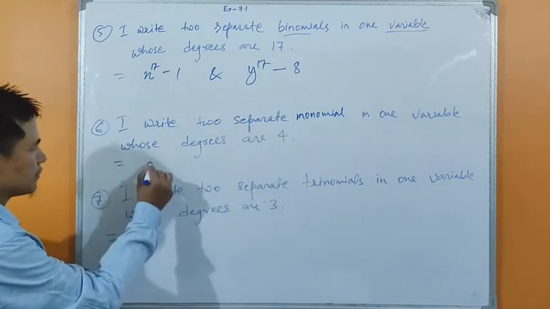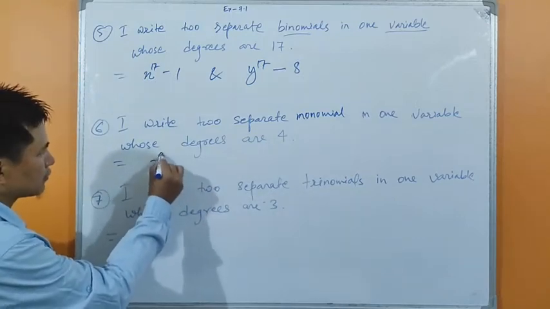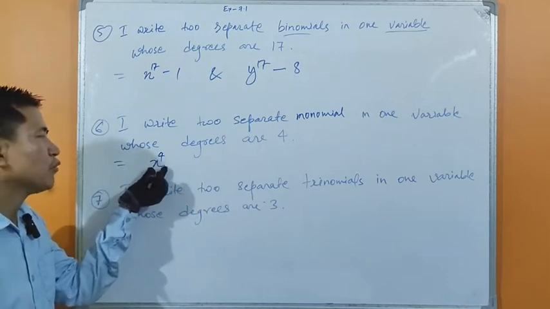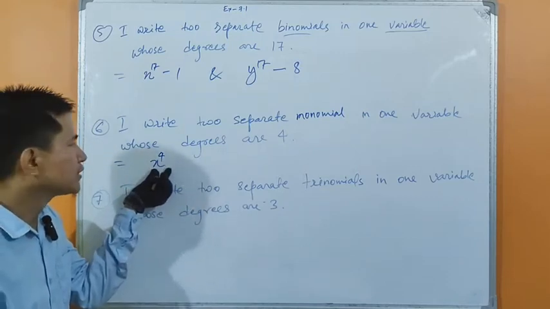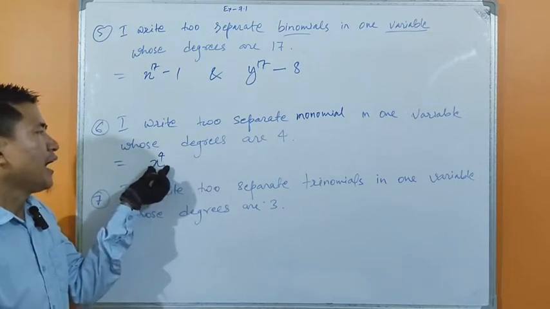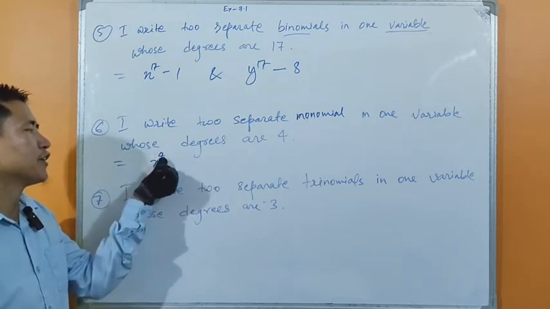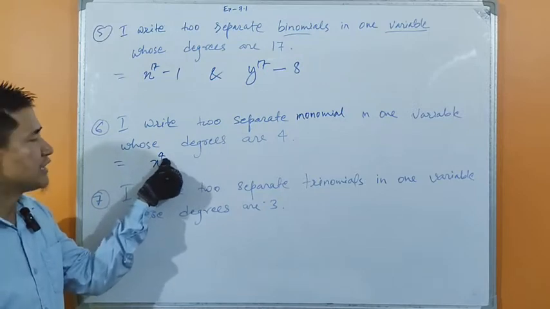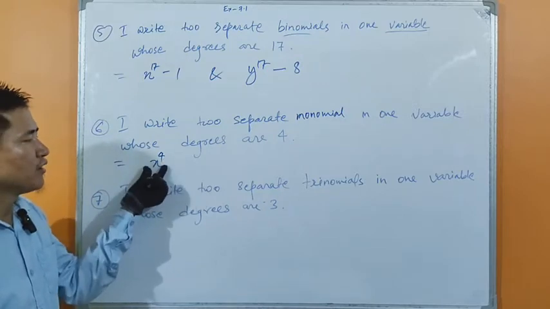Okay, that means x to the power 4. This is a monomial because this polynomial has only one term. So this is a monomial and the highest power of the variable is 4. So the degree of this monomial is 4, isn't it?